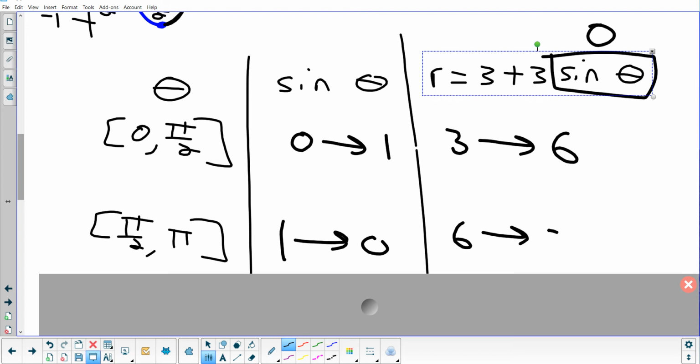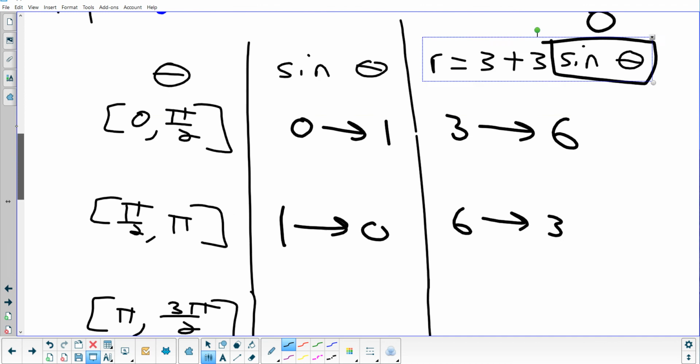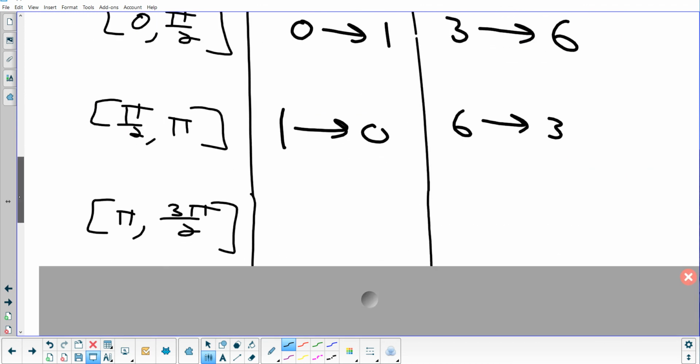So in quadrant 2, the graph is going to spiral back in. It's going to be symmetrical to what you did in quadrant 1, but decreasing, so it's going to look like a mirror image. All right. Now, what's happening between pi and 3 pi over 2? It's going from 0 to -1.